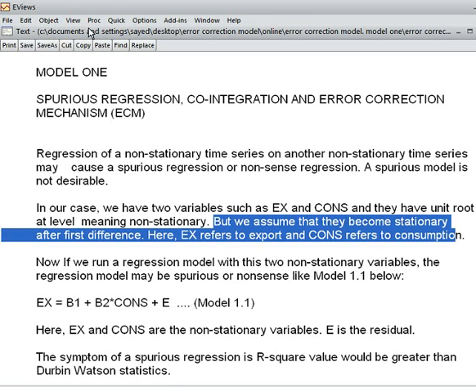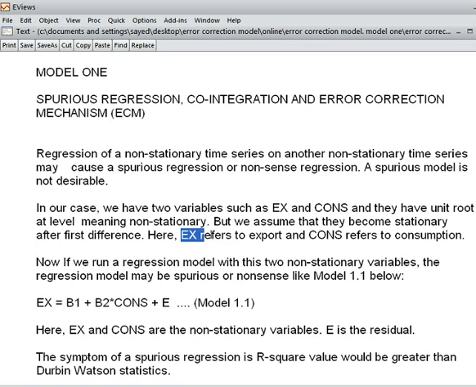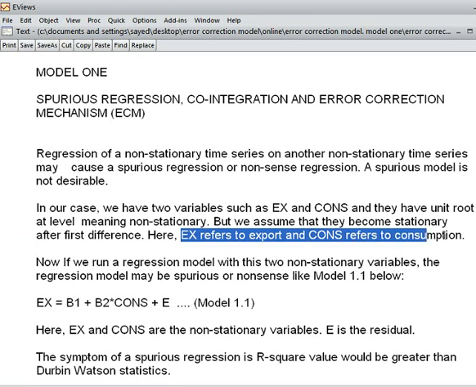Okay, and here ex means export and cons means consumption, right?